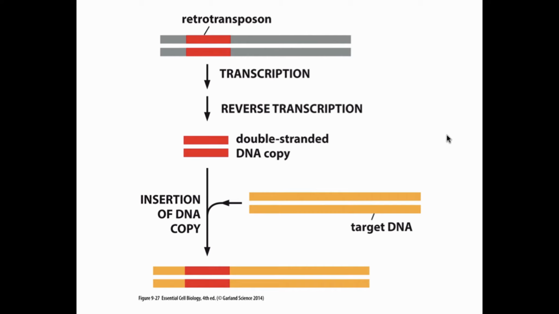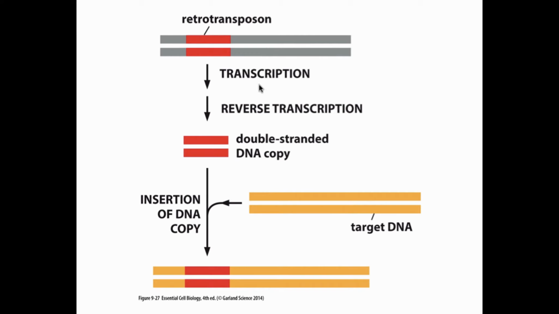There is a third mechanism by which transposons move around the genome. That is called retrotransposition. Here we have double-stranded DNA in which the transposon has already inserted itself. This transposon will move by first copying itself into RNA and then converting the RNA into double-stranded DNA.